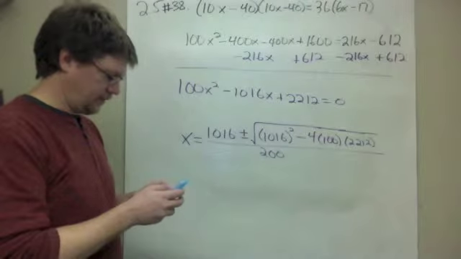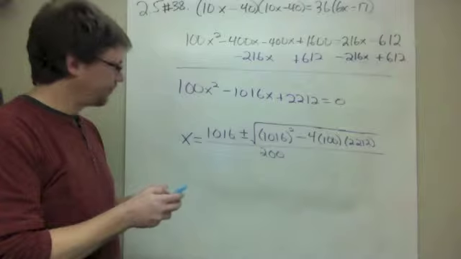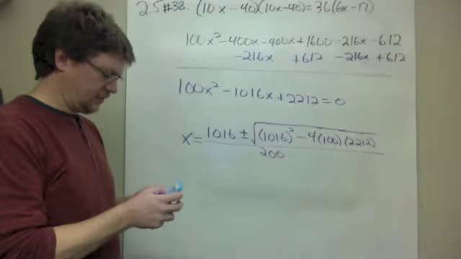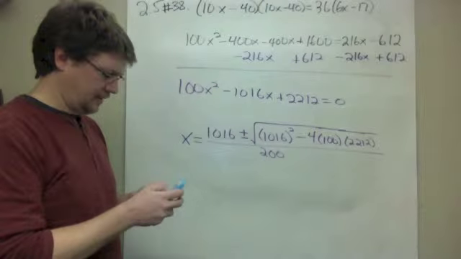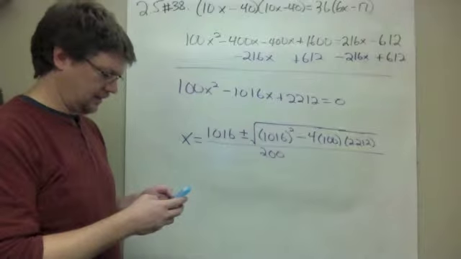So 1016 squared minus 4 times 100 times 2212. Okay.